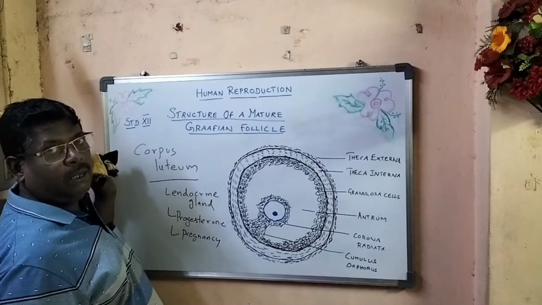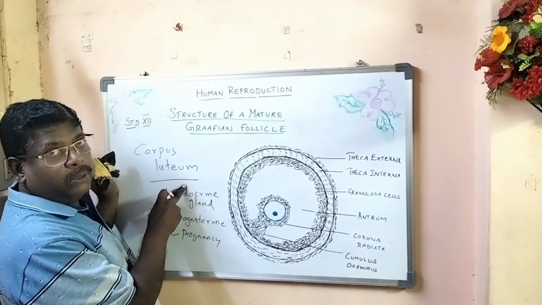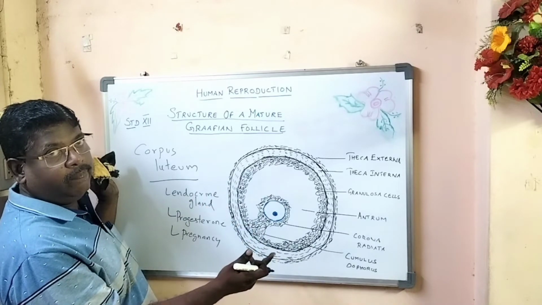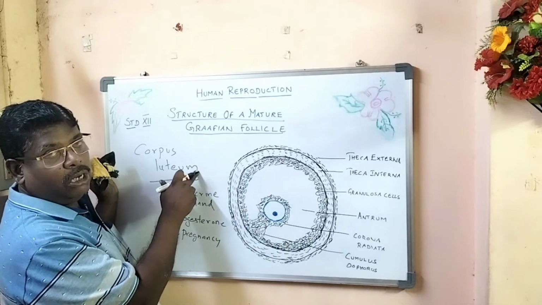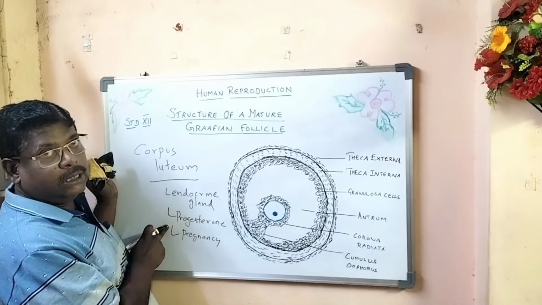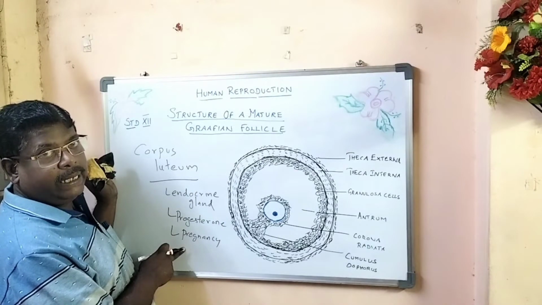You have to remember what corpus luteum is; it can be asked as a 2-mark question. Corpus luteum is the remains of the Graafian follicle after the release of the egg. It becomes an endocrine gland and secretes the progesterone hormone that helps in maintaining pregnancy.